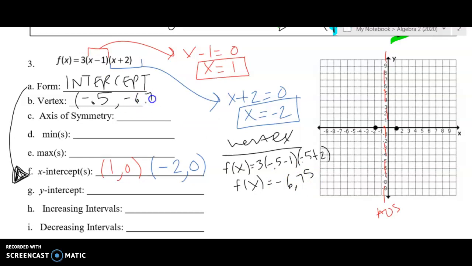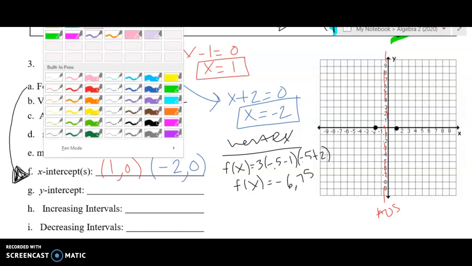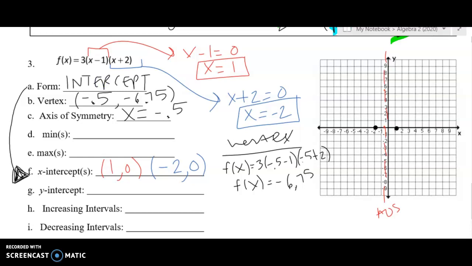That is the y value. So when I go to my vertex, I found the x value by doing the symmetry, and I found the y value by plugging it in. Axis of symmetry, I already actually drew it on my graph, is that dotted line. That's -0.5. So I'm going to take a moment and plot my vertex. My vertex is over -0.5 and down 6.75. And I know it's a decimal, so I'm kind of freeballing that a little bit.